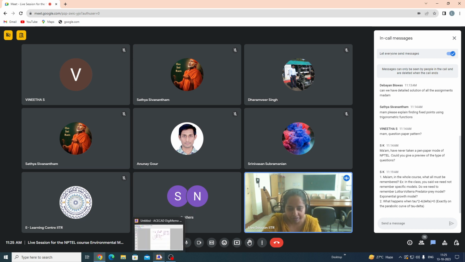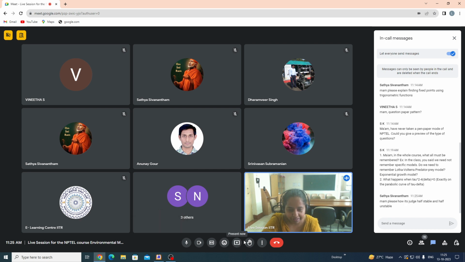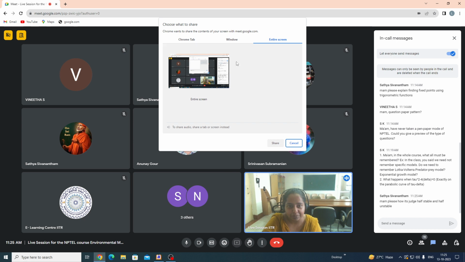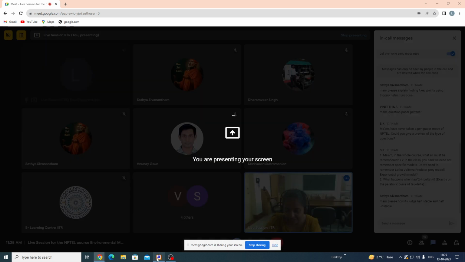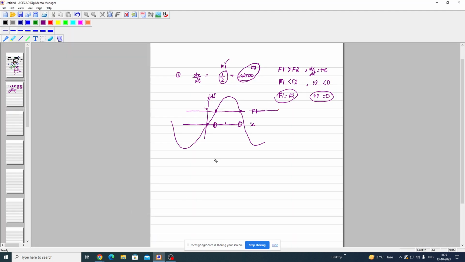Okay, coming back to the question that I was looking at, I want to show you how to figure out the stability. And as promised, I'll also look at a slightly trickier situation when we are dealing with trigonometric functions. So here, how do we figure out the stability of these two fixed points? To figure out the stability of any fixed point, what you need to understand is the sign of dx by dt in the neighborhood of the fixed point.